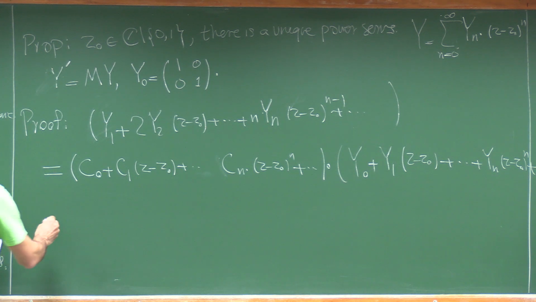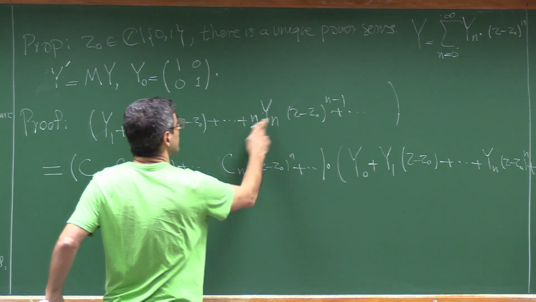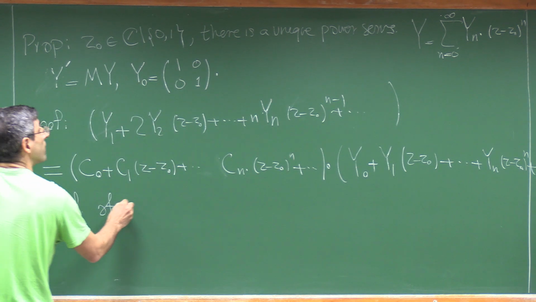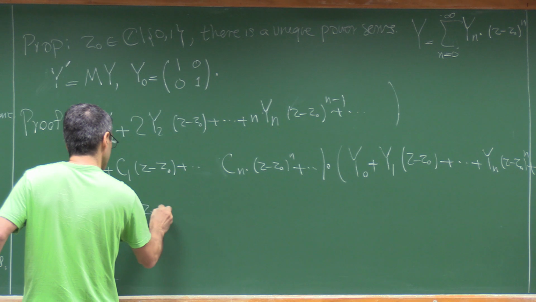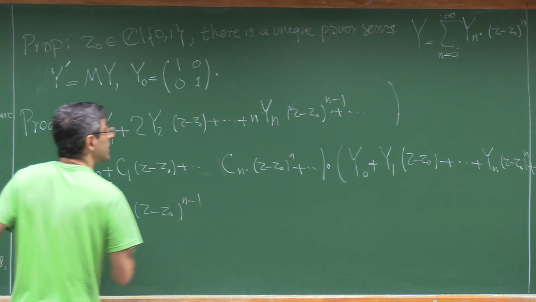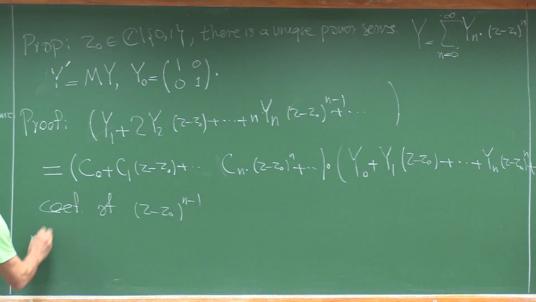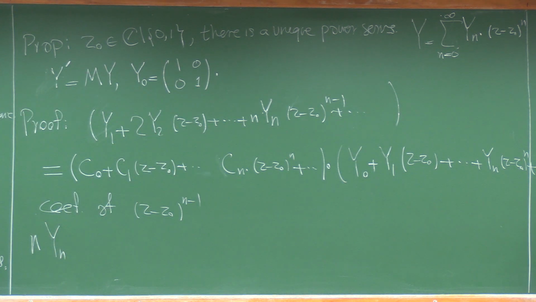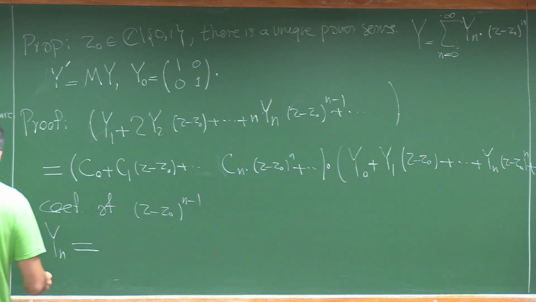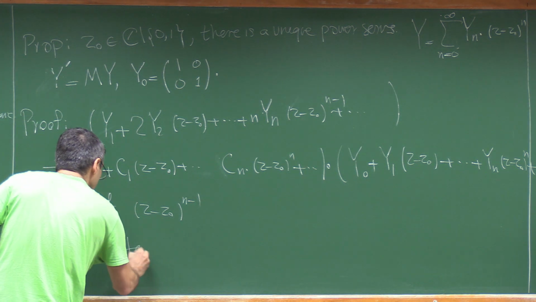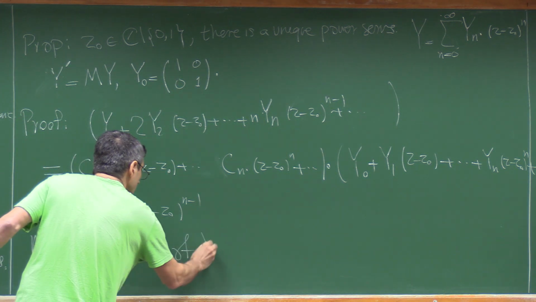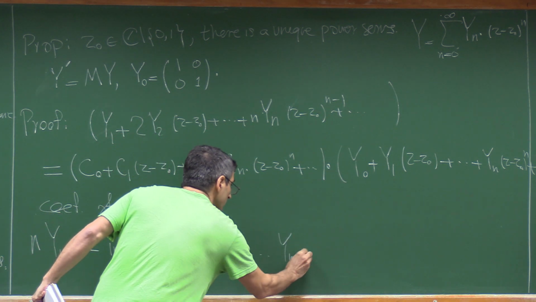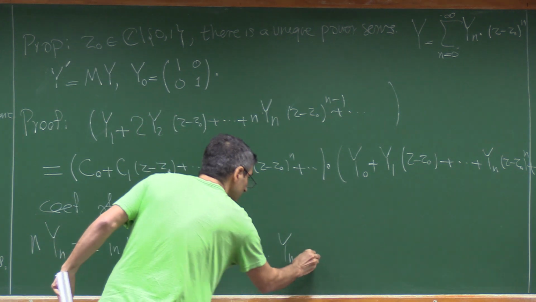So if you look at the coefficients of (z minus z0) to the n minus 1, you will conclude that n yn, and all these yi's are 2 by 2 matrices, n yn can be written in terms of y0, y1, up to yn minus 1.